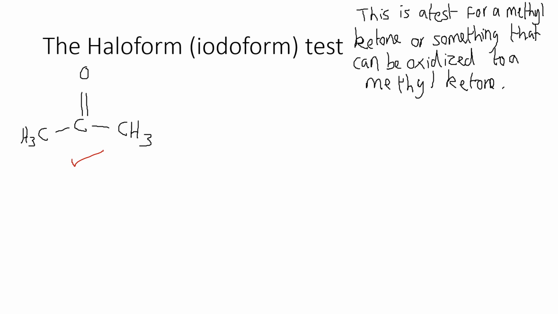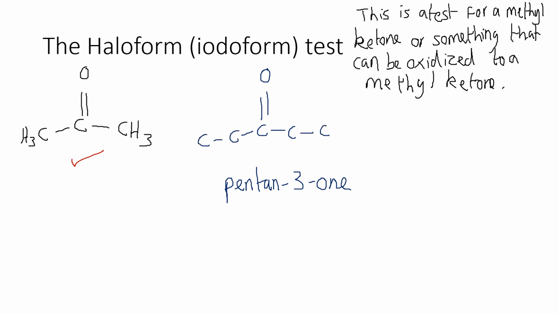If we compare this to pentan-3-one, just as an example, I'm just picking a few examples to show you here. Pentan-3-one has the ketone group on carbon number 3, and then there are 2 carbons either side like this.